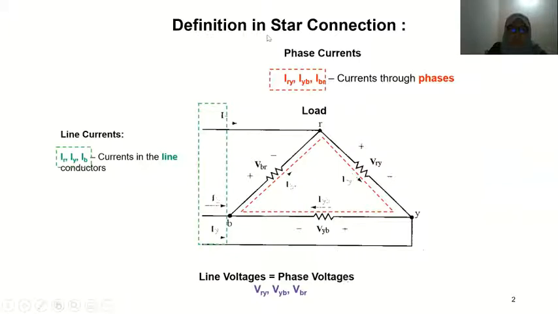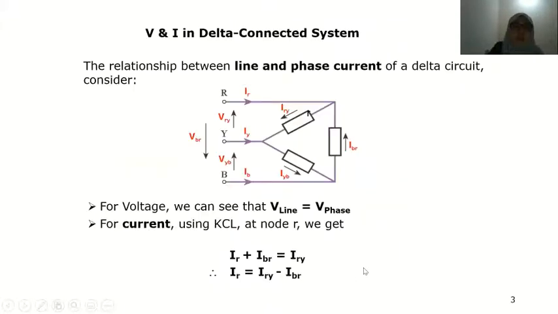For your delta connection, your line voltages are equivalent to your phase voltages. Your VRY, VYB, and VBR are your line voltages and your phase voltages. So for V and I in a delta connected system, we see the relationship between the line and the phase voltage in delta circuits.